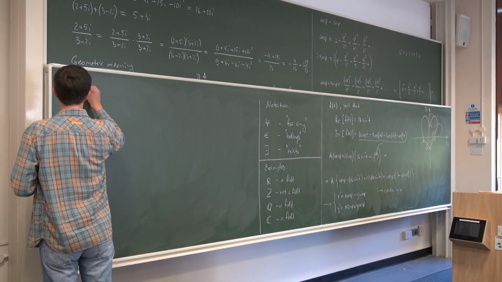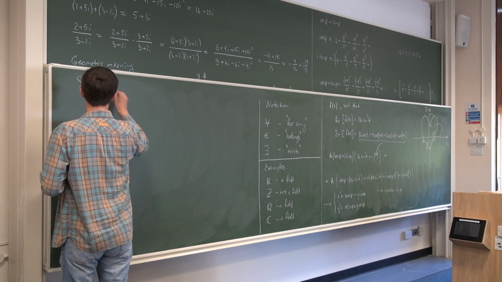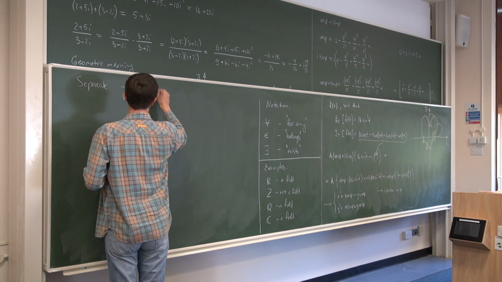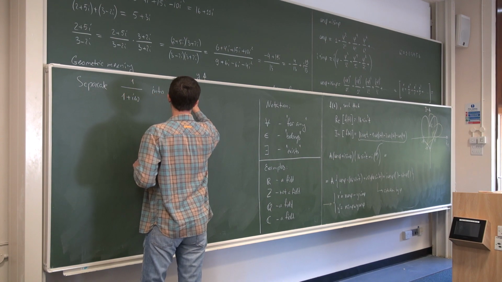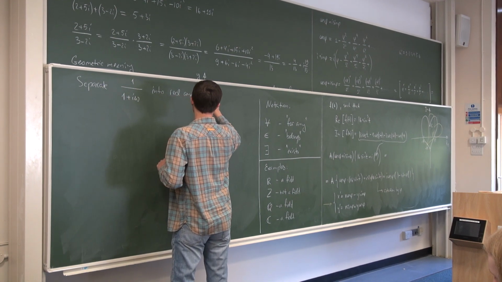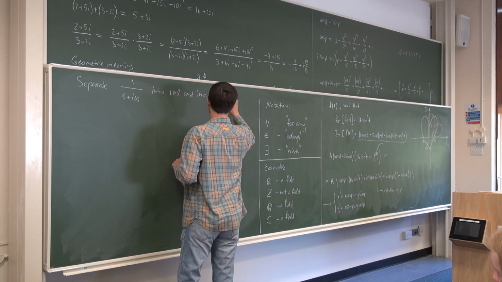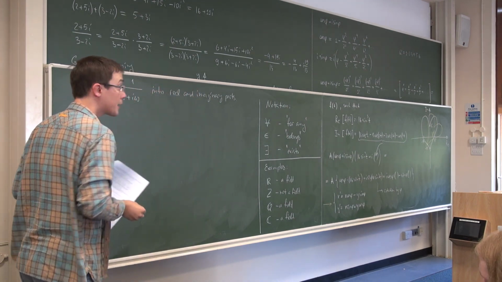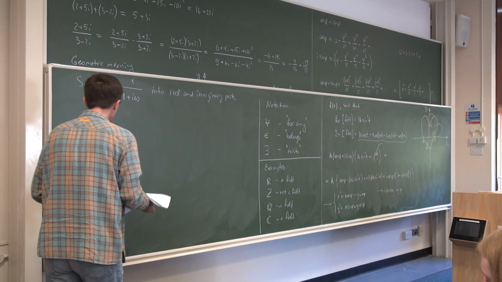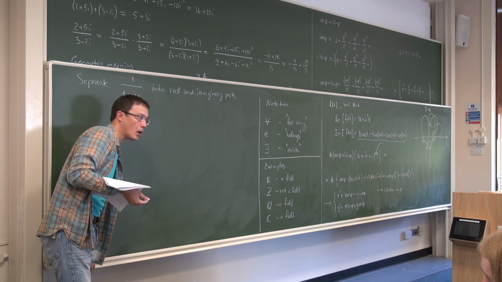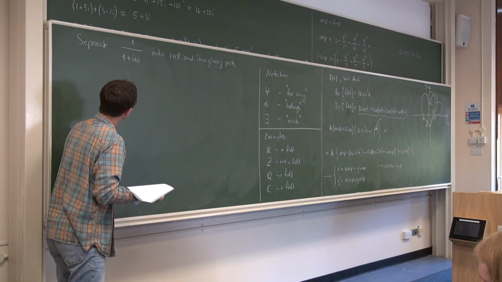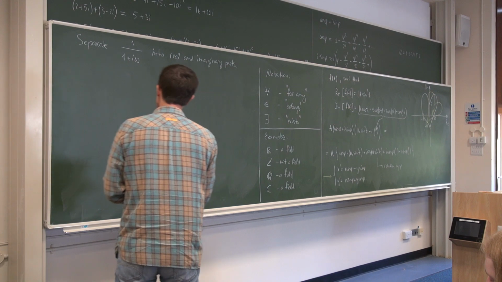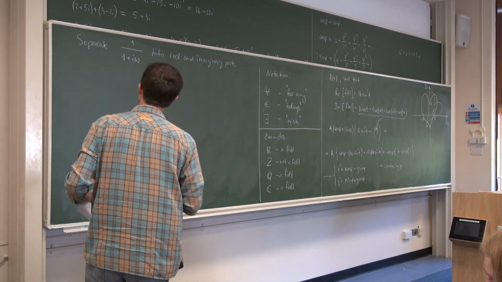Separate 1 over 1 plus I omega into real and imaginary parts. This is a frequency response function of an electrical oscillator, by the way. You will see these things in electrochemistry, where impedance is defined as the resistance plus I times inductance. So, a fairly frequently encountered curve.